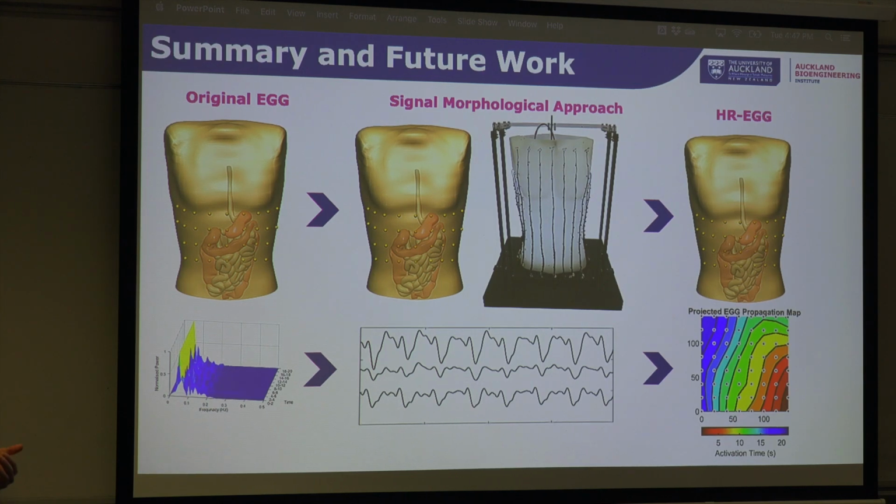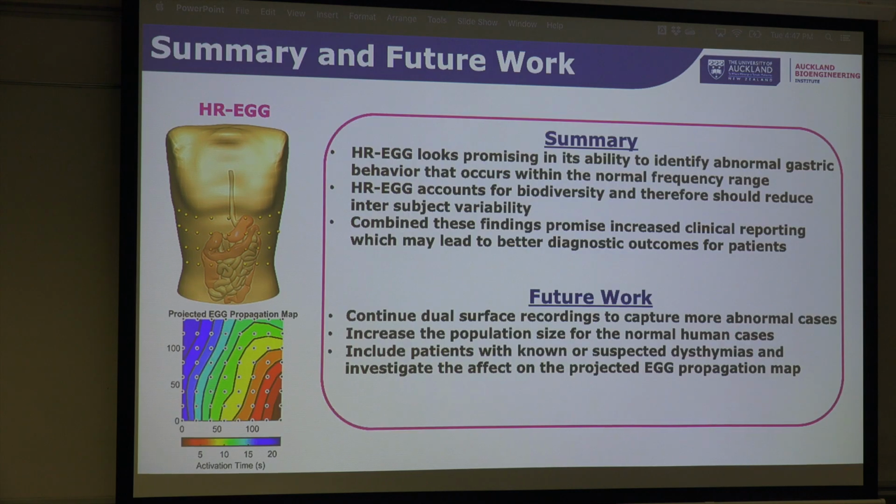So we can gain a lot more clinical information, which can then be passed on to doctors for diagnosis. So, like I said, if we combine all the findings, it may lead to increased clinical reporting and better diagnostic outcomes for patients. But there's a lot of work still to be done.